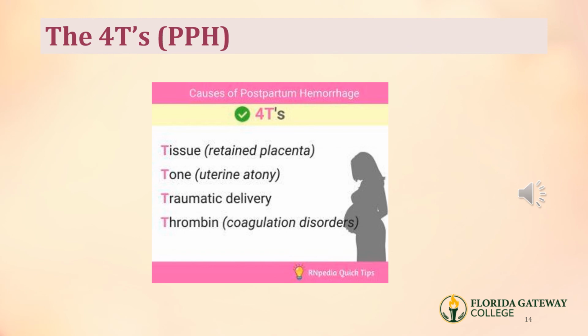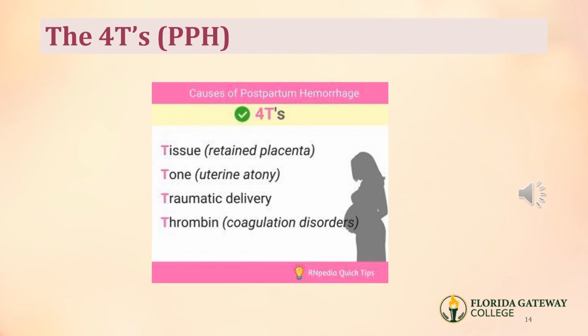We'll talk about these a little bit in class, and I'll show you what I'm talking about. But the way the placenta is formed, it has little hunks of tissue all over, and those little pieces can stay retained in mom's body.